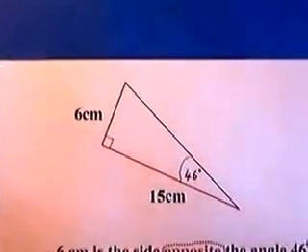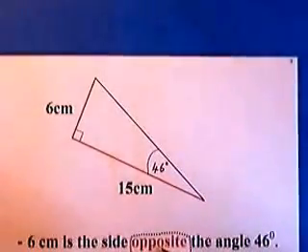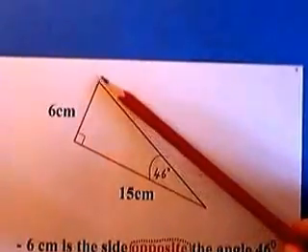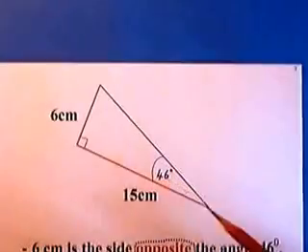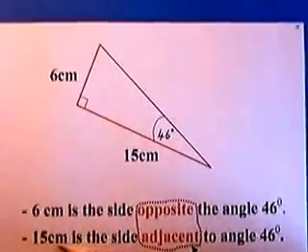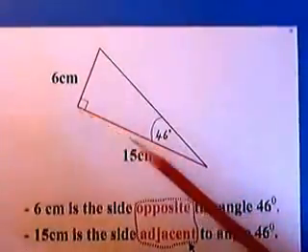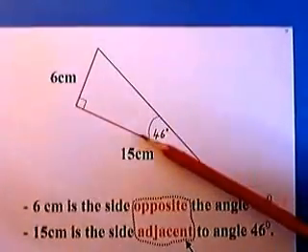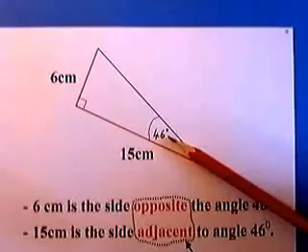The 6 centimeters is the length of the side opposite to 46 degrees. Yes, if you look at that, there's the side opposite to this angle. And the 15 centimeters is the side adjacent to the angle 46 degrees. There it is. 15 centimeters is the length of the side adjacent to that angle.